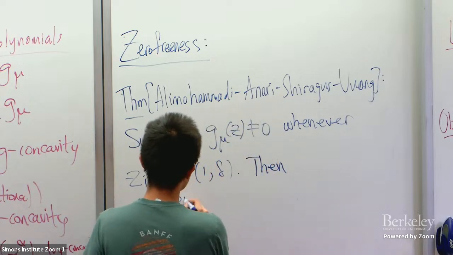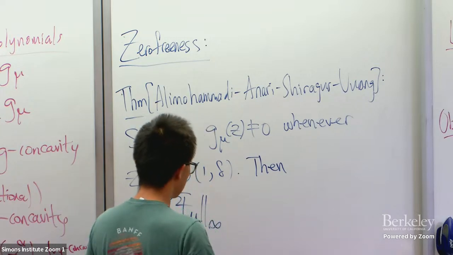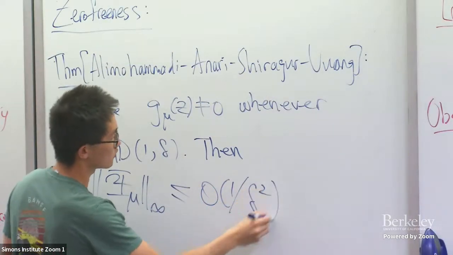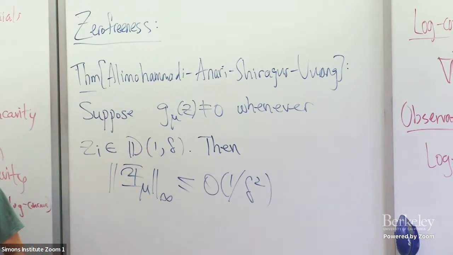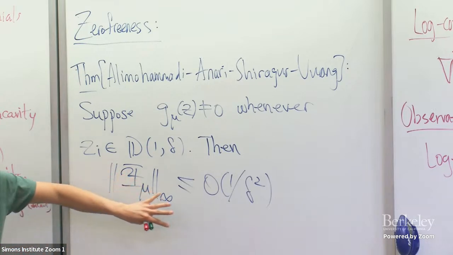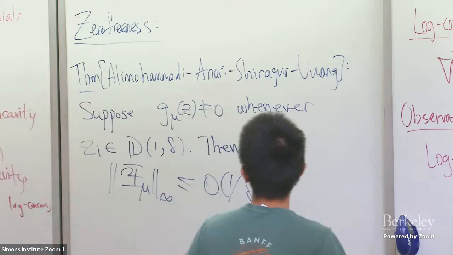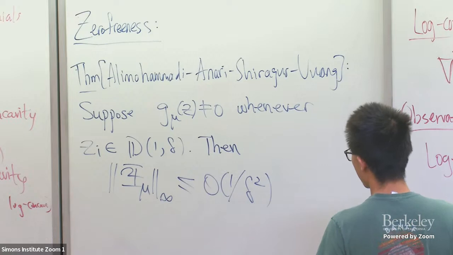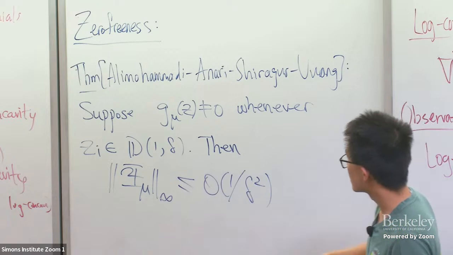Then we get spectral independence. I can say the infinity norm is at most order delta squared. I'll show you an example later of how we can establish such a zero-free region. For now, I just want to focus on this. That's the infinity norm.